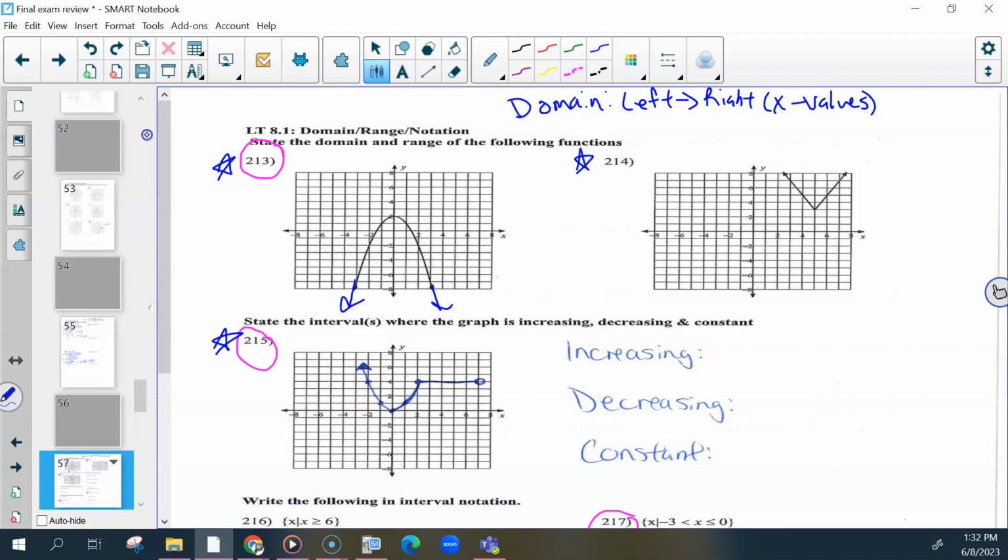So it's going to keep going in both directions. I'm going to write this in both types of notation. Interval notation would be negative infinity to infinity. Set builder notation would be the weird E and the weird R, all real numbers.